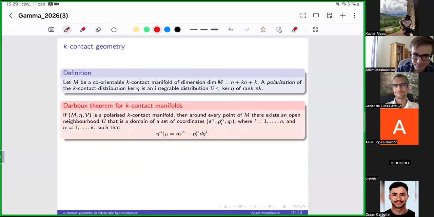K-contact manifolds are very general, and they might have really, I would say, unusual dimensions.